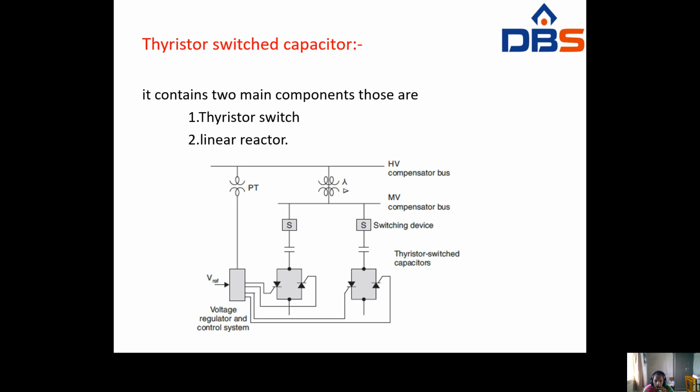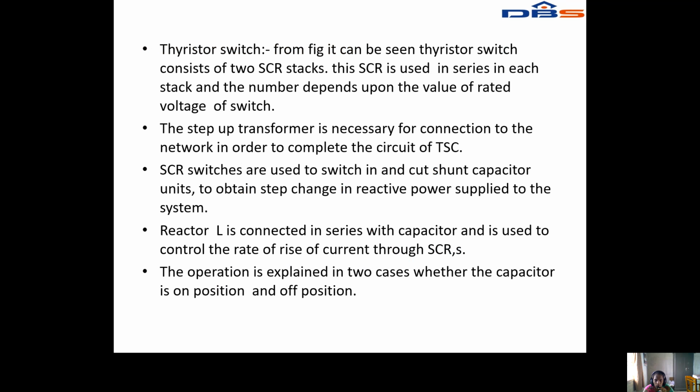From the figure, it can be seen that the thyristor switch consists of two SCR stacks. SCRs are used in series in each stack, and the number depends upon the rated voltage of the switch. A step-up transformer is necessary for connection to the network in order to complete the circuit of TSC.